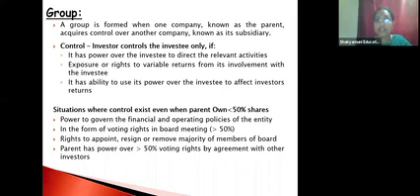Now we have to understand what control is. Does control mean having just more than 50%, or are there any other conditions to be satisfied? Yes, there are other conditions to be satisfied apart from more than 50% holding. Control is said to exist when the parent owns more than 50% of the shares.